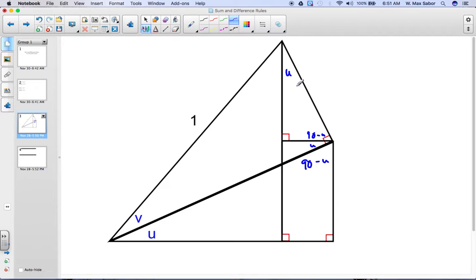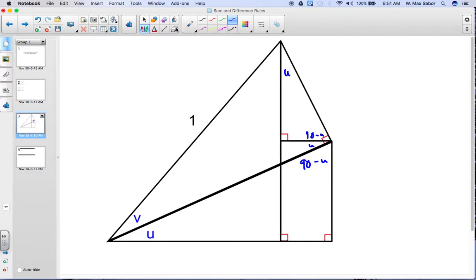And these two make 90 as part of a triangle as well. So now the important stuff here is that 1 is our hypotenuse. We have a triangle whose angle is u. We have a triangle whose angle is v. We have a triangle whose angle is u.